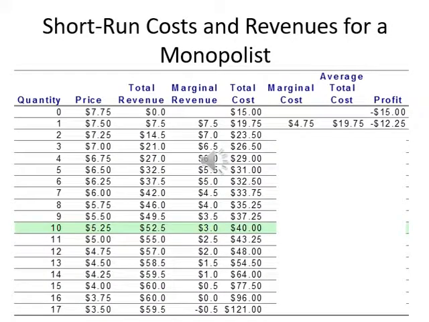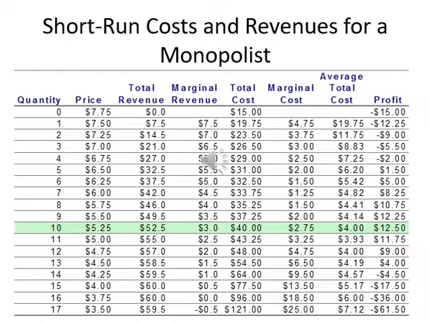Example: short-run costs and revenues for a monopolist. Short-run costs and revenues for a monopolist, cont'd.